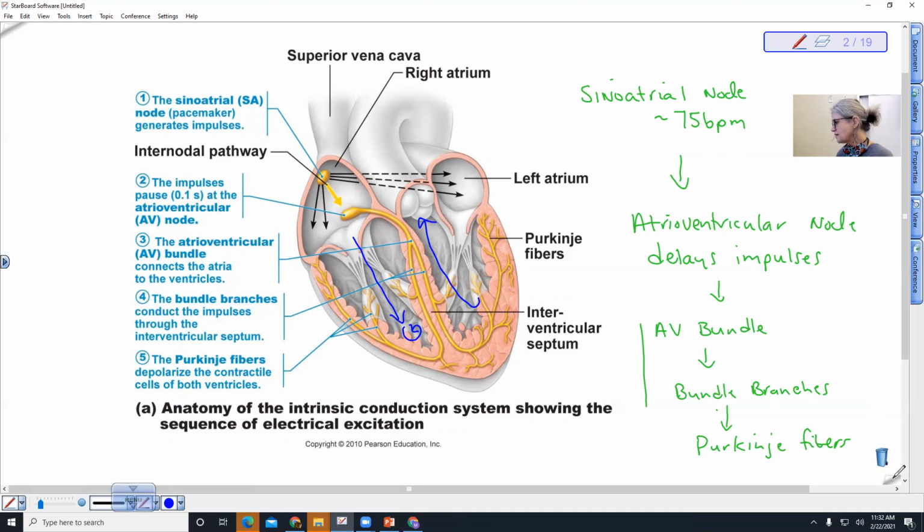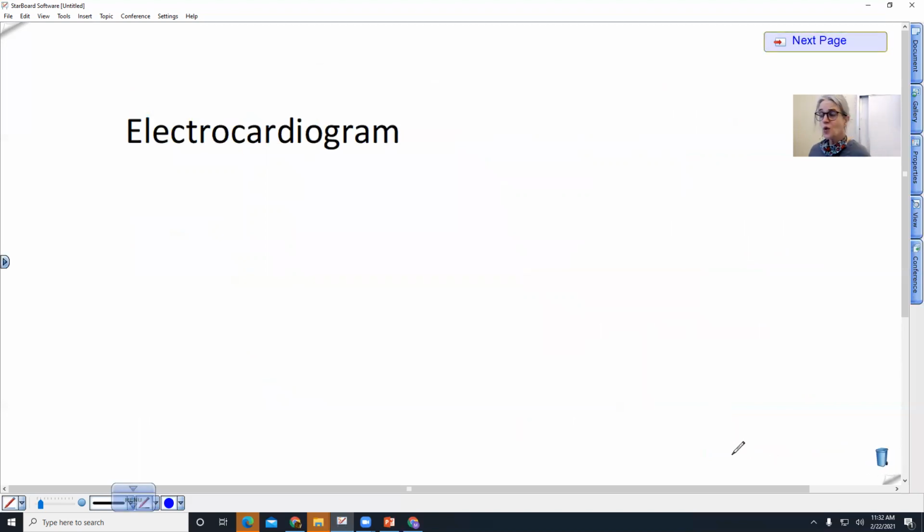If we look at the electrocardiogram, this can be abbreviated as ECG, or you might have heard it called the EKG, and you might have wondered, those are the same thing. But in German, cardio is with a K, and so hence EKG rather than ECG. And this is actually looking at the movement of the depolarization through the heart.